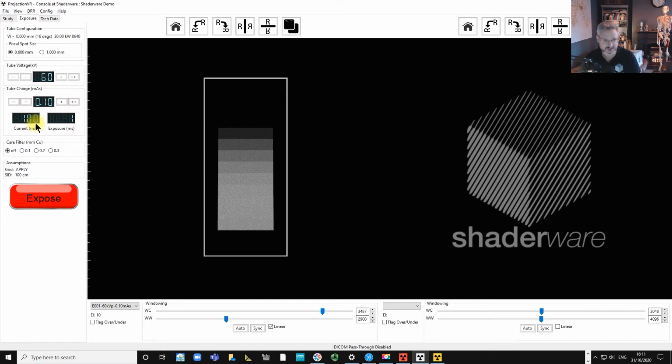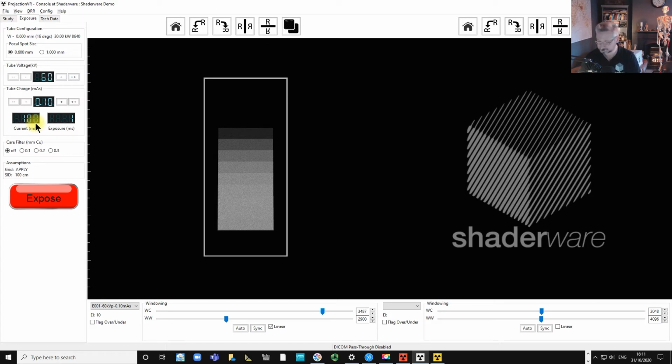The electrons will stay in the wire until they're freed by the heating of the filament. Okay, so all the time you've got your finger on the prep button, the filament will be boiling electrons off. And it's only when you depress the button entirely that the voltage will be applied, and that voltage will then energize those electrons, and they'll have huge amounts of kinetic energy, and they will travel at very fast speeds towards the anode.